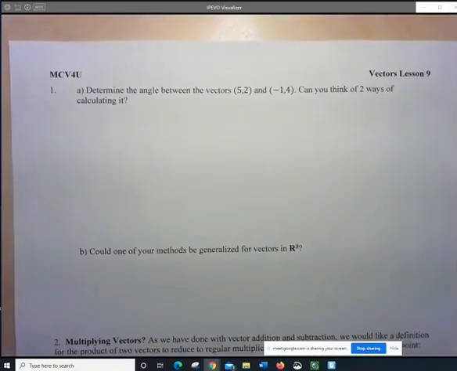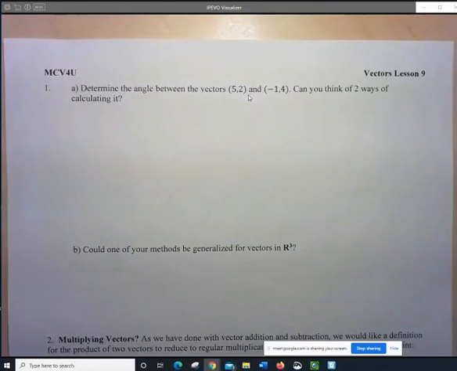One of the things we had to accept when we defined this idea of algebraic vectors is that you don't have the magnitude and direction given explicitly, okay?